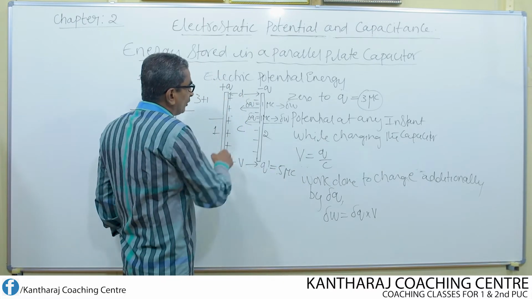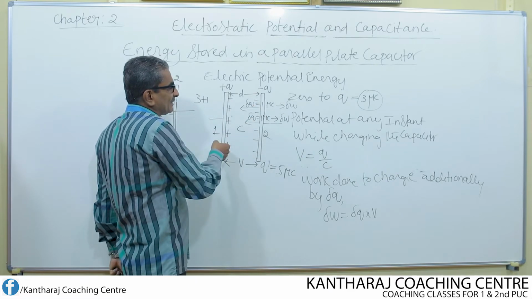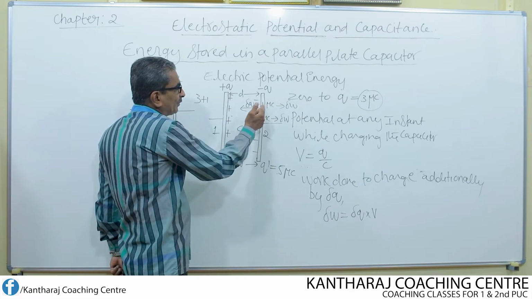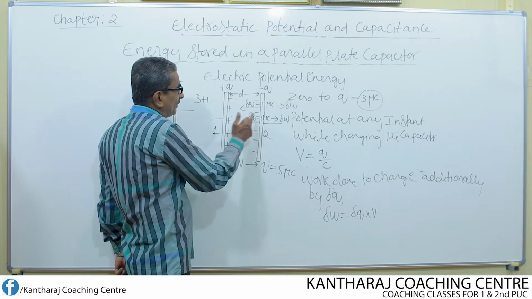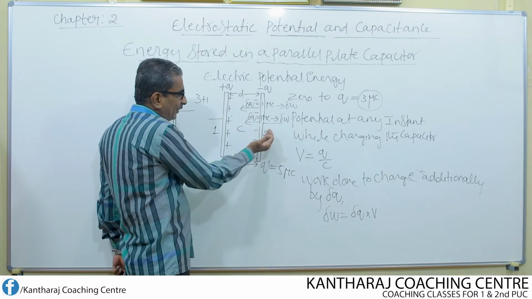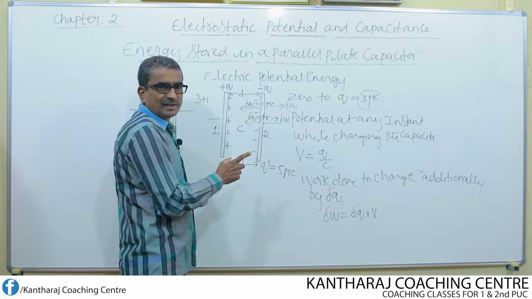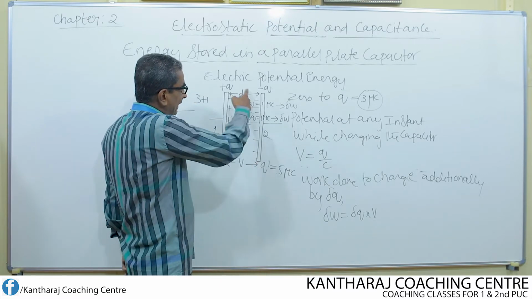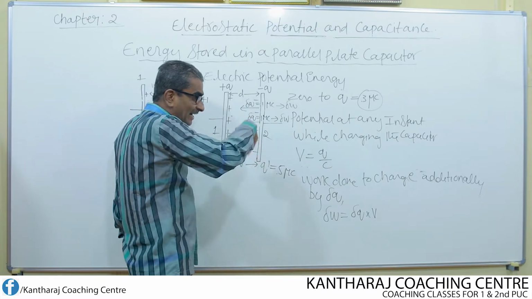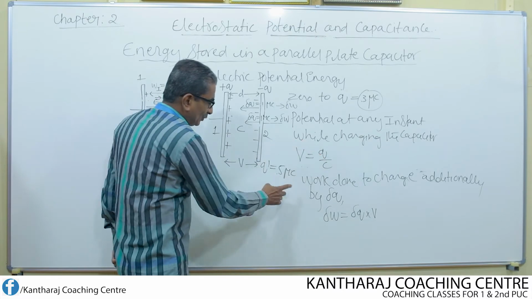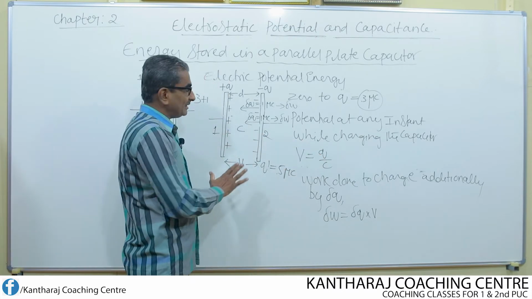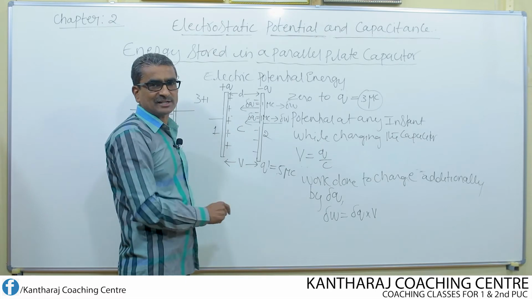We find that out by shifting the charge in small quantities, 1 microcoulomb from here to here, 1 microcoulomb from here to here. Like this, 5 times I shift 1 microcoulomb of charge each time, then the capacitor is said to be charged additionally by 5 microcoulomb. That is what I am explaining in the second stage.